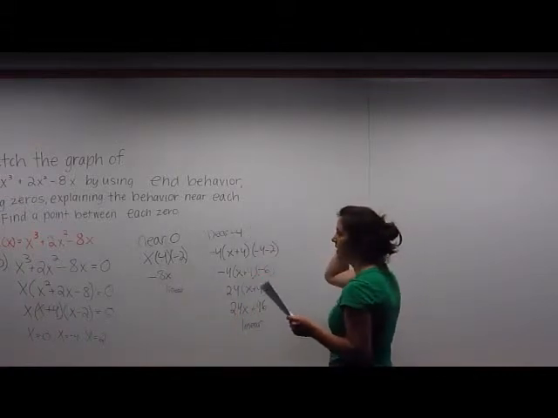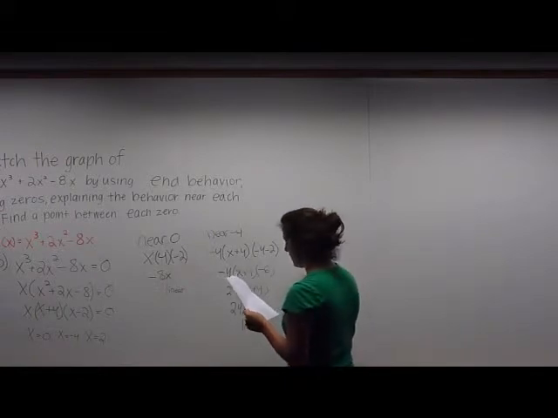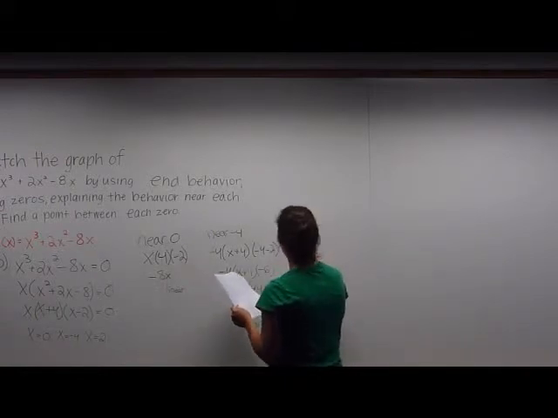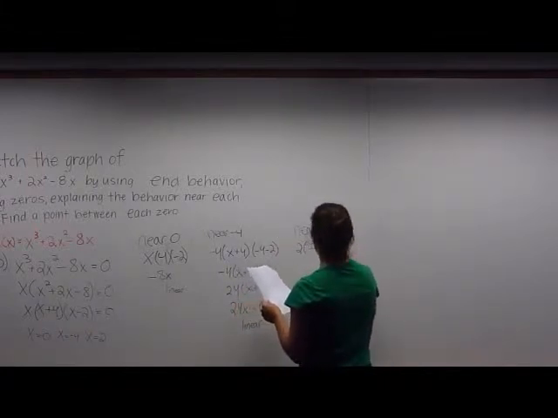The behavior near 2, you just do the same thing. We're plugging in 2 into the factored form where x will not equal 0, or the term will not equal 0. So 2 times 2 plus 4, x minus 2.